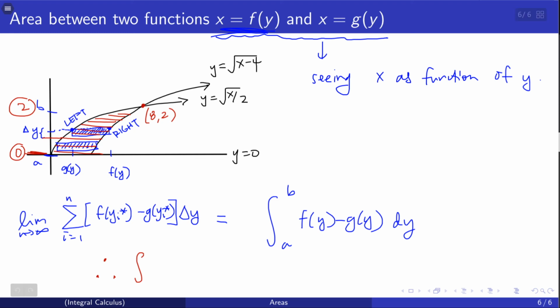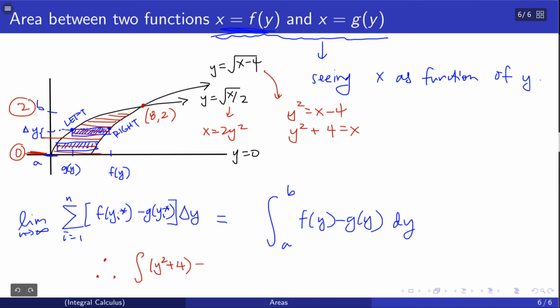And we know what these functions are. This function written as x equals a function of y is now y squared equals x minus 4, or x equals y squared plus 4. And this one is y squared equals x over 2, or x equals 2y squared. So the function on the right is y squared plus 4.